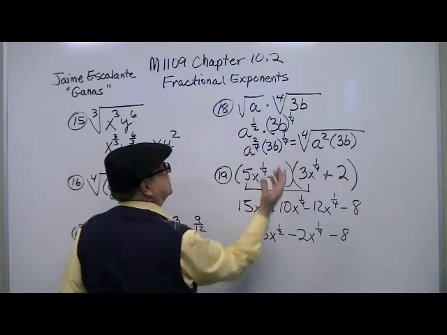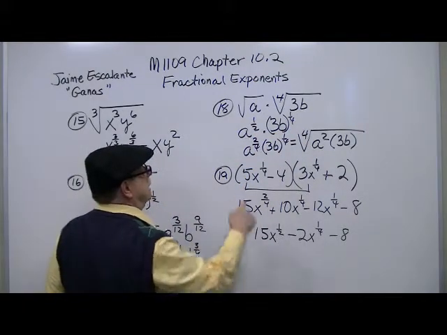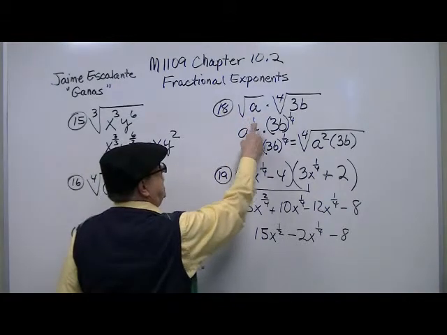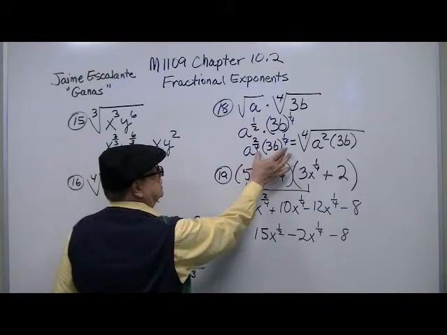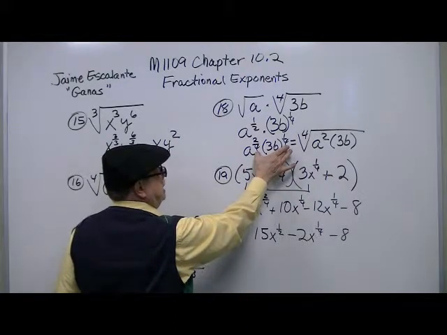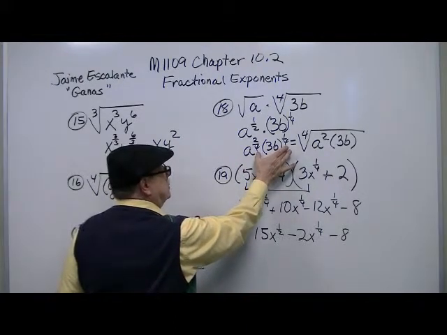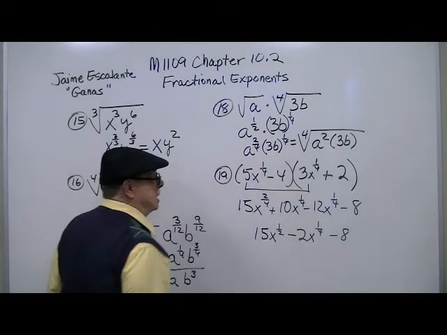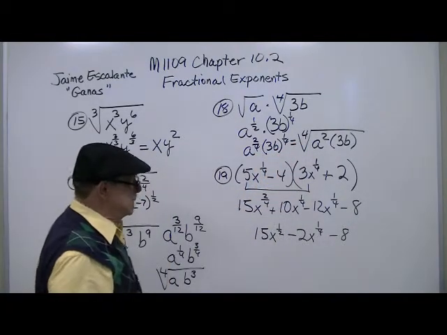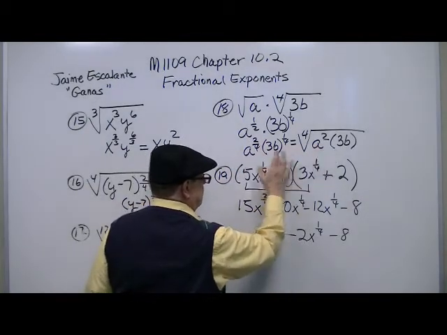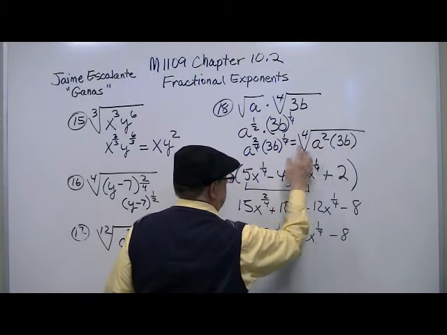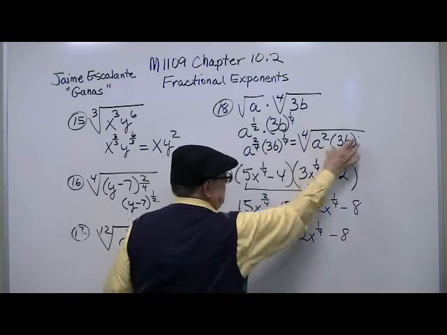Now, since we want to put it under a common radical sign, this 1/2 had to be changed to 2/4. So now each of these have the denominator of 4. I could put that in my index number spot, and this becomes a to the second times the quantity 3b to the first.